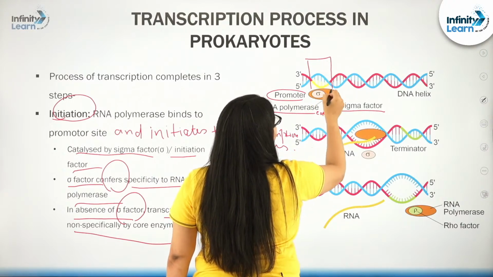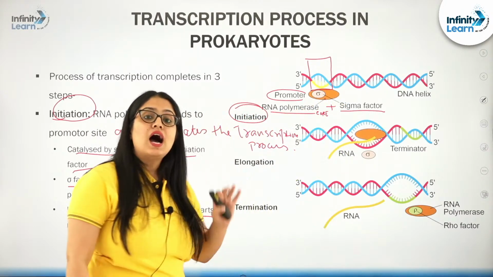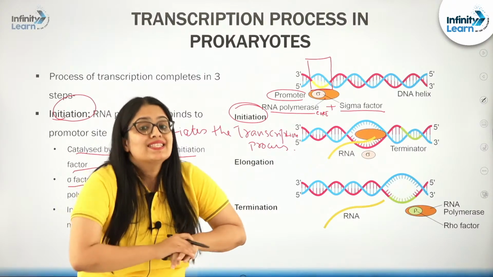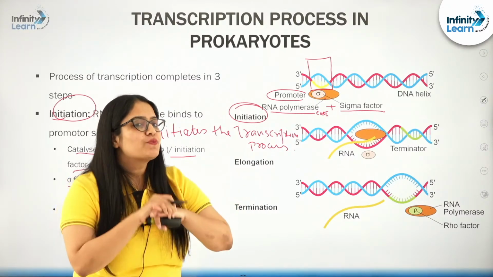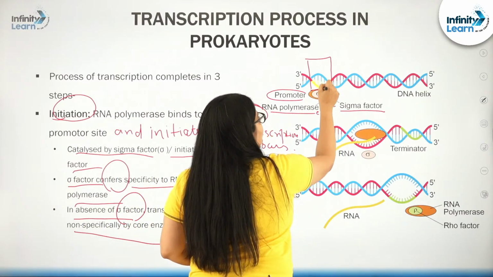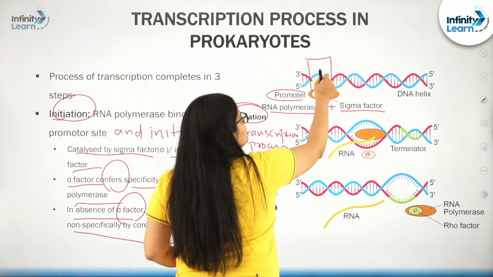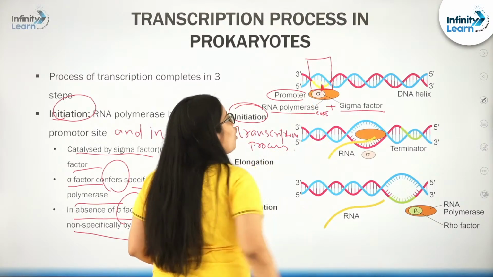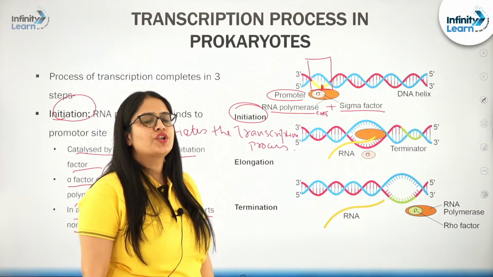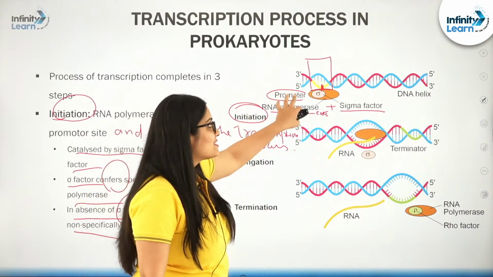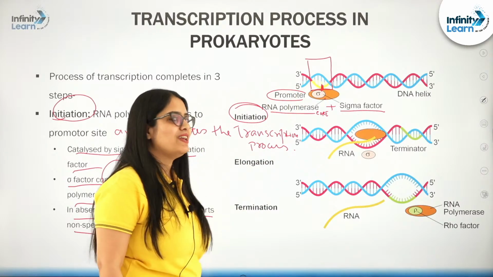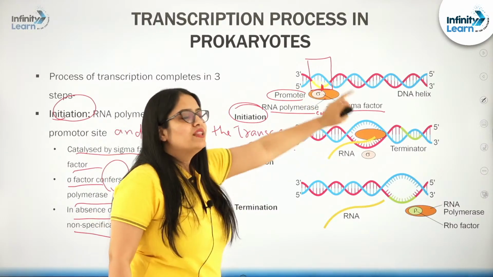If the core of RNA polymerase, with the help of sigma factor, has identified its place in the promoter region and finally bound itself to this segment of the DNA, or this portion of the transcription unit, it is because this is the promoter region which has the binding site for RNA polymerase.